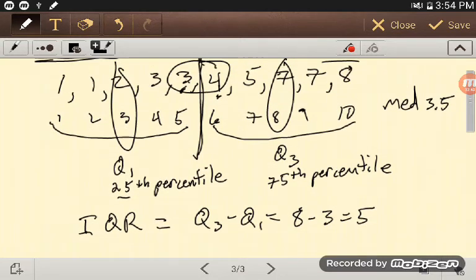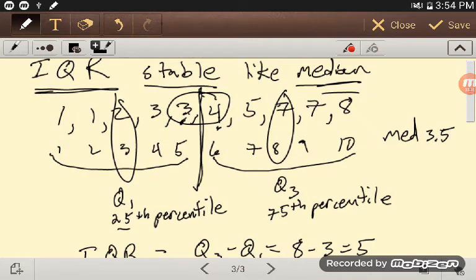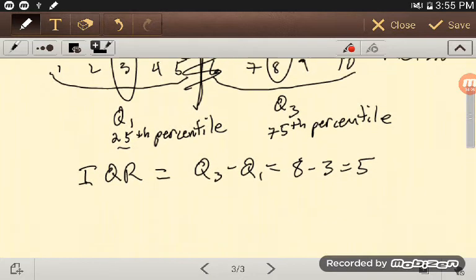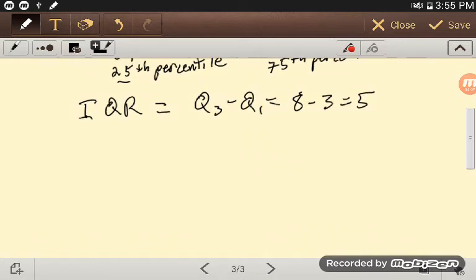Now, if I had said you have to throw out those numbers because we used them to find the median, then I've got just 4 numbers, and I have to take the average of the 1 and the 2, so my Q1 would have been 1 plus 2 over 2, or 3 halves.